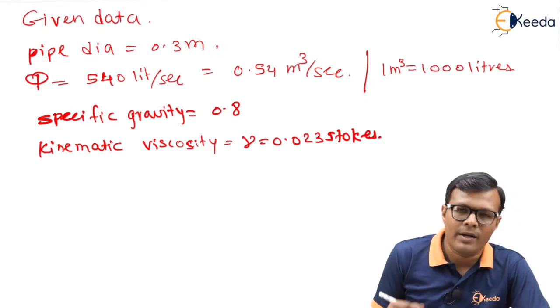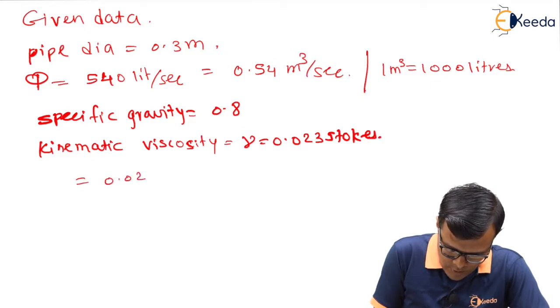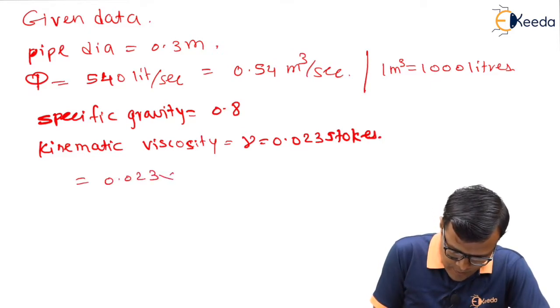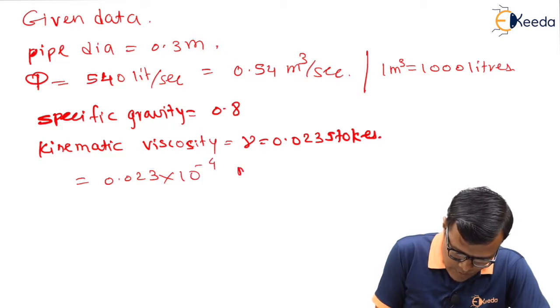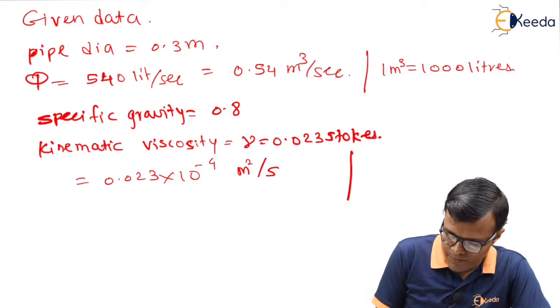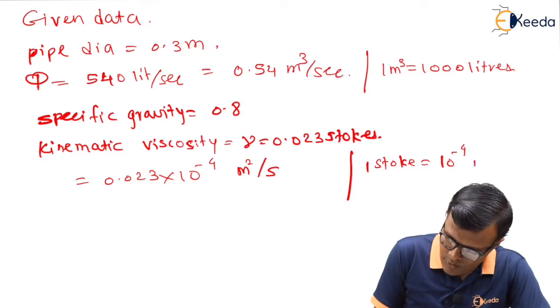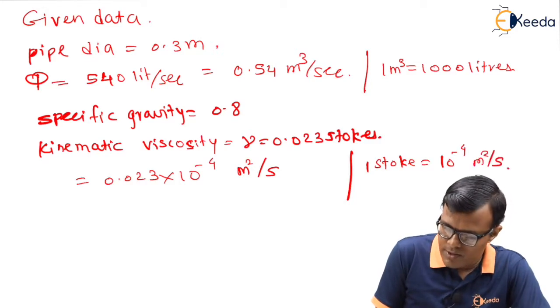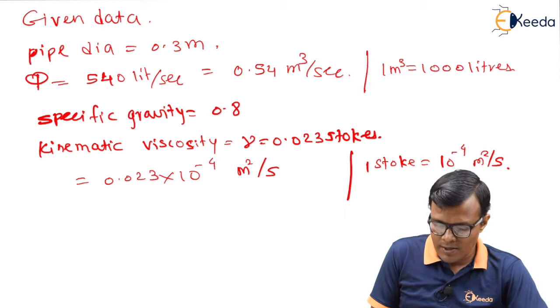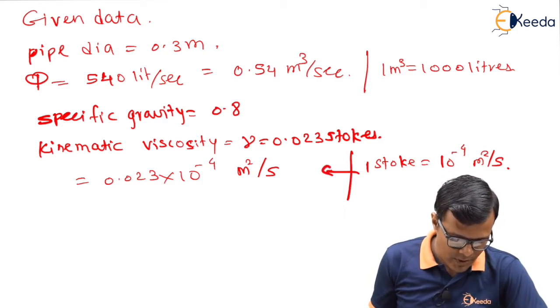We want it in meter square per second, so it is 0.023 into 10 raised to minus 4 meter square per second. Here we use the relation 1 stoke equal to 10 raised to minus 4 meter square per second. By using this relation we can convert the kinematic viscosity.